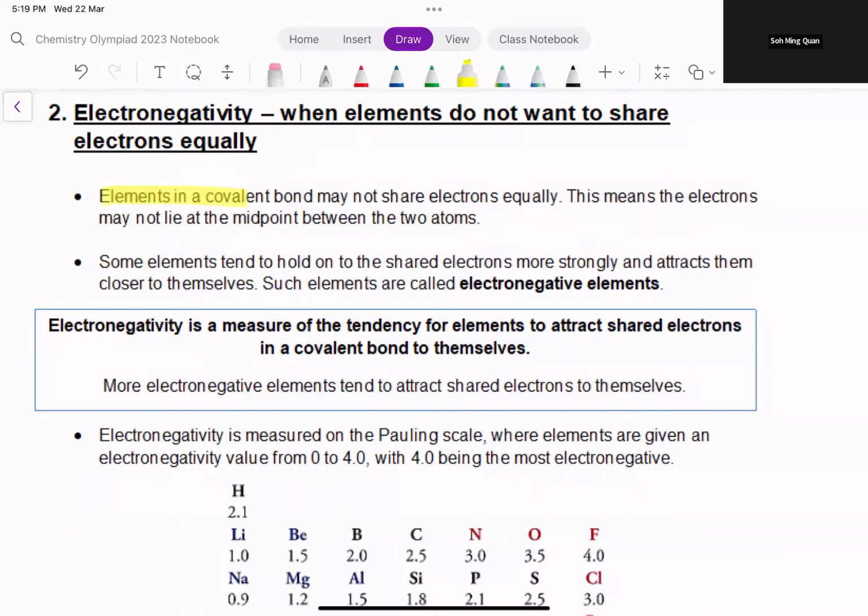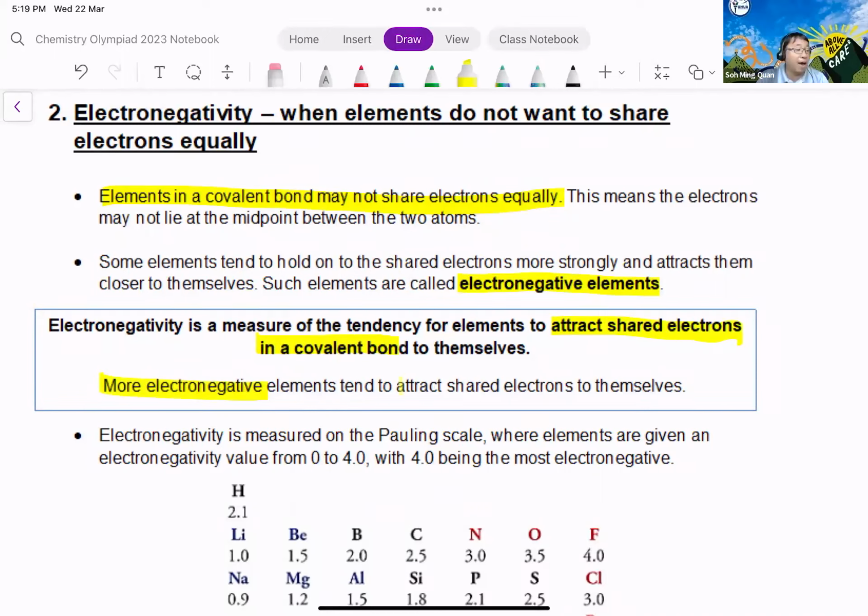Elements in a covalent bond may not share electrons equally. This is when you have some elements being more electronegative. So what is the meaning of electronegative? Electronegative means the elements have a higher tendency to attract shared electrons in a covalent bond.